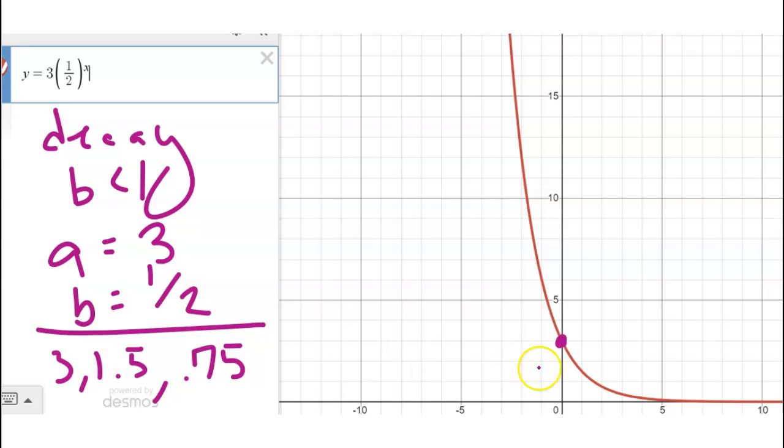So I start at 3, go over 1, and I should go down to 1.5. Just like we talked about in class, if it's a graph, I can never get exactly 1.5. I can check and make sure. This is actually a graphing calculator, so that's going to actually be 1.5. Let's go over again and go down. That definitely looks like it's right at 0.75. So it looks like we have the right graph for our function.